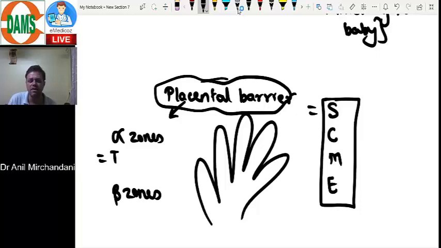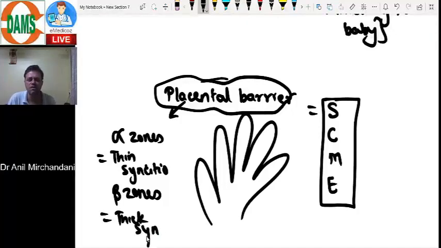Alpha zones have thin syncytial trophoblast. Beta zones have thick syncytial trophoblast.